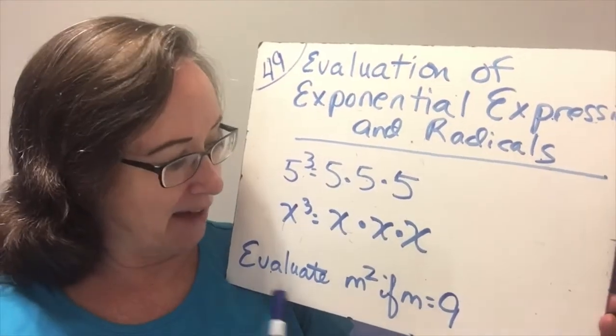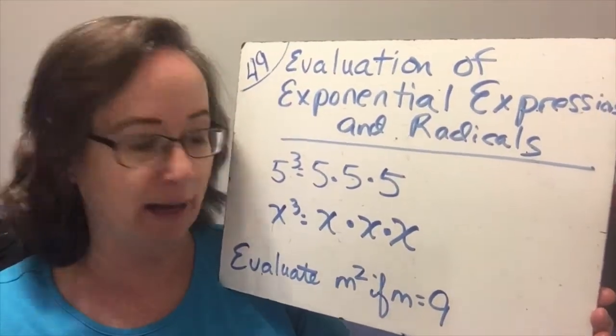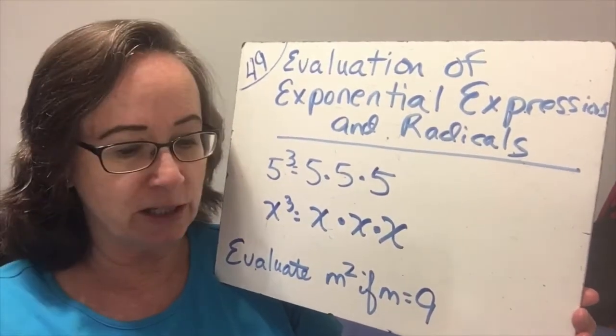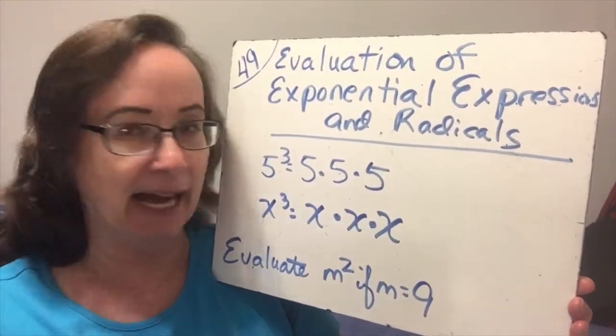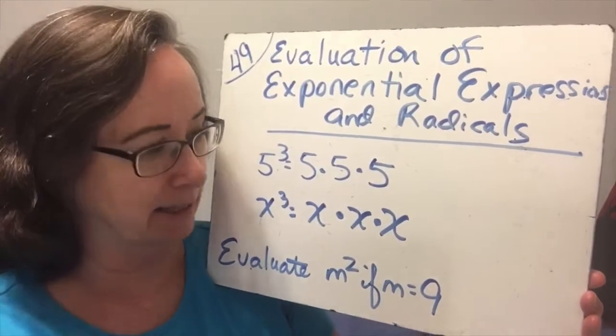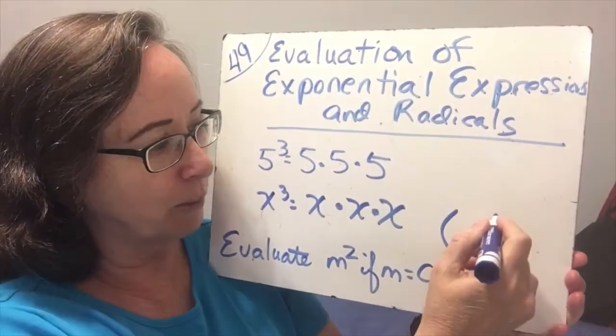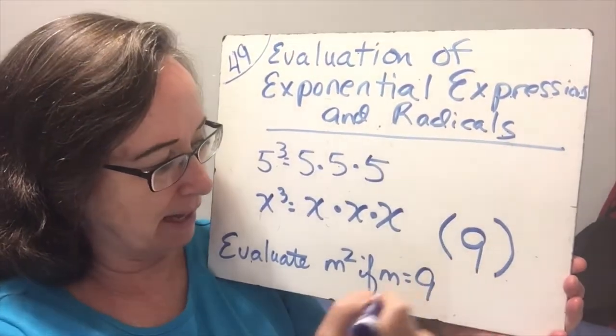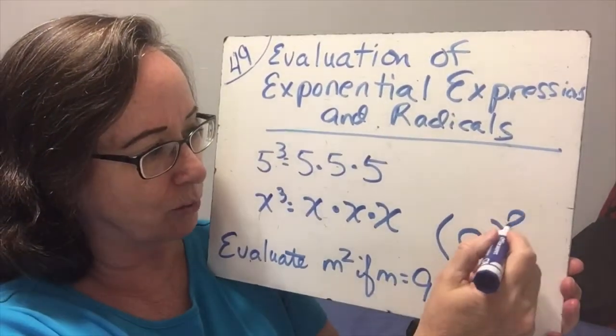Okay, it says evaluate m squared if m is 9. So when we do an evaluation like this, I like to kind of use a skeleton. Okay, so we're going to come right here and we're going to put in a 9. Okay, and we have 9 squared.